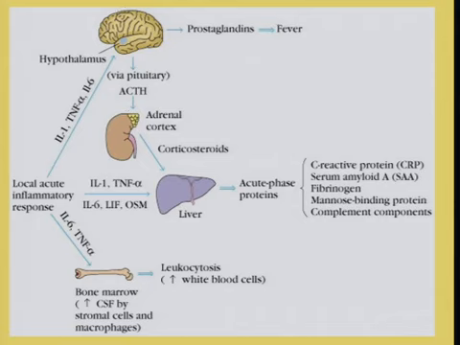For example, you have inflammatory cytokines that hit the hypothalamus, which in turn, via the pituitary, releases ACTH, which in turn stimulates the adrenal cortex to release corticosteroids, which in turn go to the liver that produces acute phase proteins. The same cytokines also directly go to the liver to stimulate acute phase proteins.